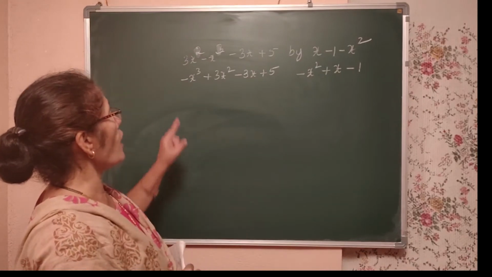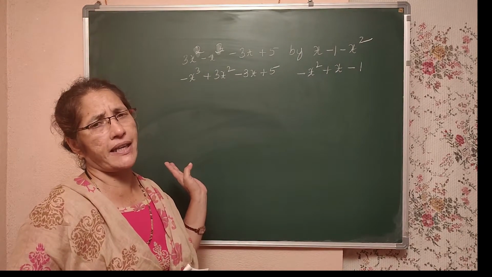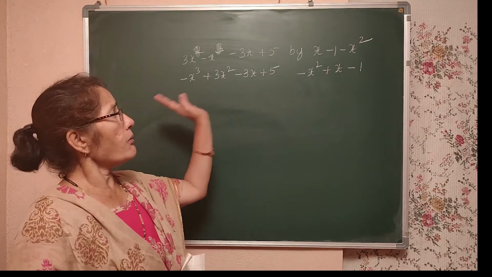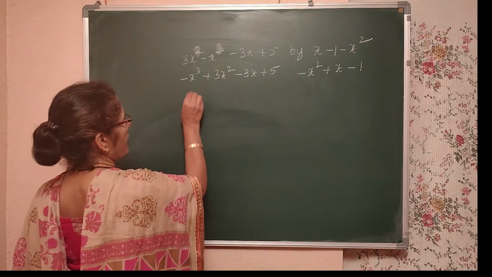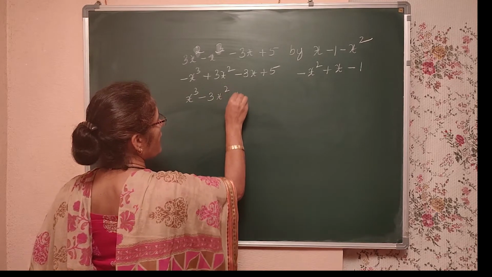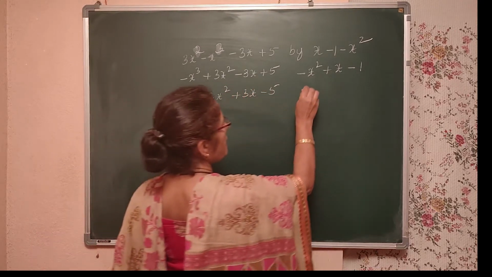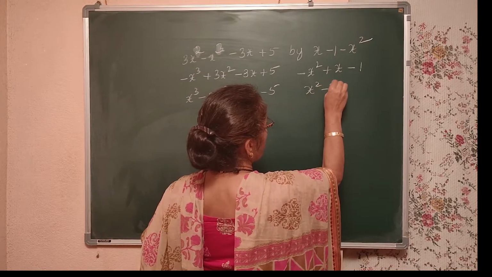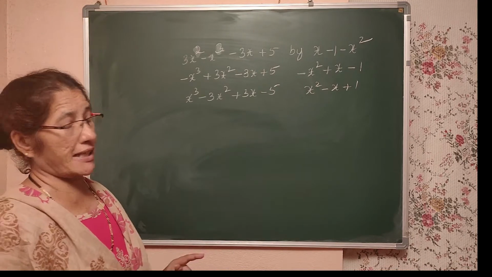Suppose you don't want minus in the beginning, you multiply by minus to everything. So the sign changes to x cube minus 3x square plus 3x minus 5, here x square minus x plus 1. Then your division will be easier.